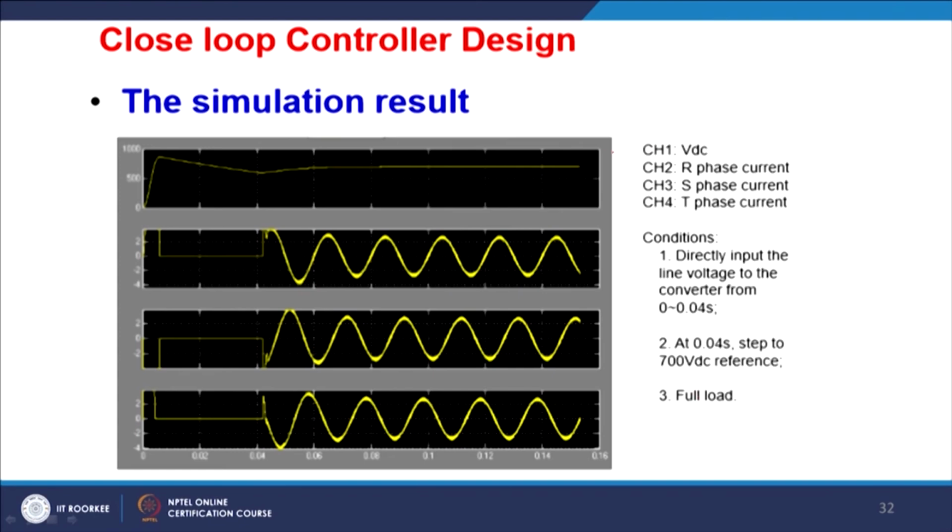This is the V D C, and this is the R phase, S phase and T phase. Thereafter, condition 1 is direct input for 0 to 0.4 seconds, condition 2 at 0.04 second steps the reference to 700 volt, and in condition 3 we get a full load.